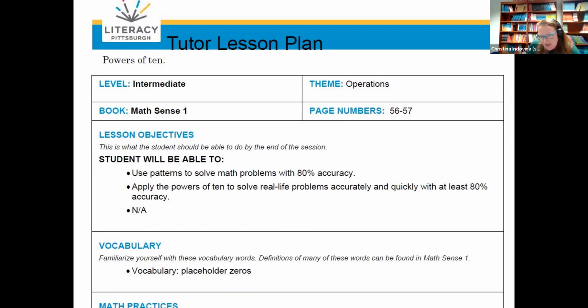There is a section that says vocabulary. It is helpful to eyeball this before you start your lesson. Some of the stuff on here you might look at and think, well, that's obvious. But it's good to have some sort of definition or concept in your head of what these things mean.